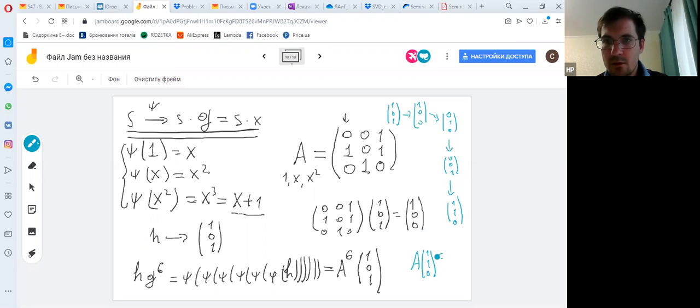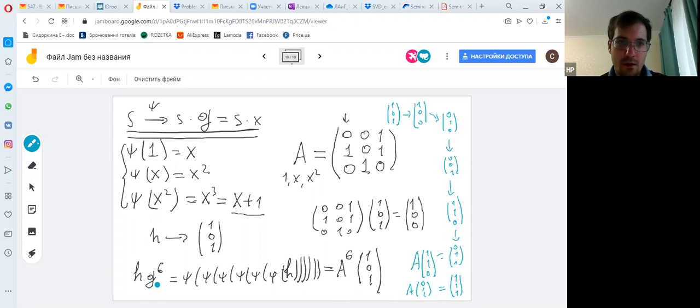And then I need to compute this matrix A multiplied by 1, 1, 0. It is just 0, 1, 1. And lastly, I need to compute A multiplied by 0, 1, 1, and it is equal to 1, 1, 1.